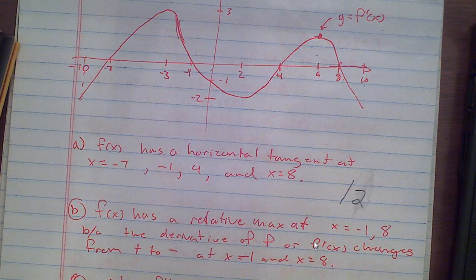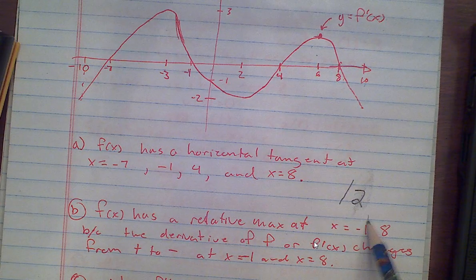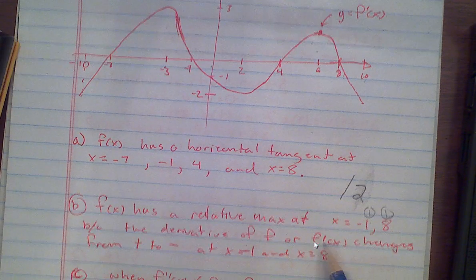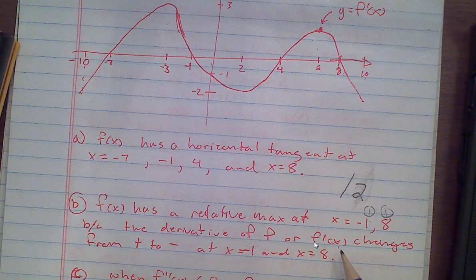You get 2 points for each of these, and you get a point for the justification. The justification has to include some statement about the derivative changing from positive to negative, and you have to either say the derivative or use f prime of x. You can't just say the graph. So that's out of 3.